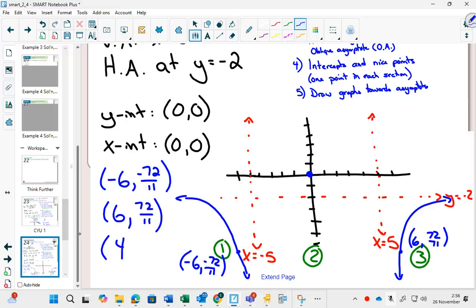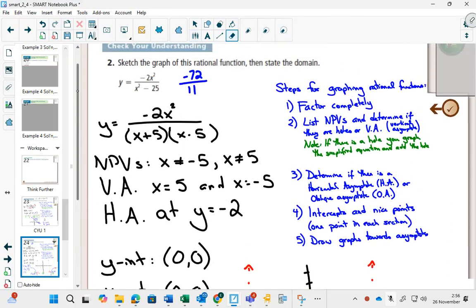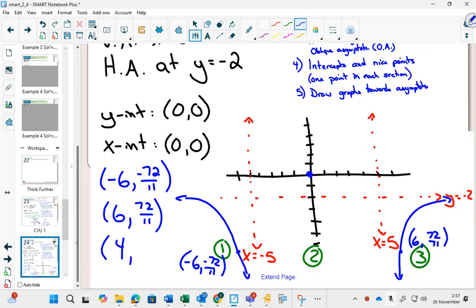I might plug in 4. And if I plug in 4, back to the original, I'm going to get negative 32 on the top, 16 minus 9, negative 9 on the bottom. Negative over a negative is positive, so positive 32 over 9, which is going to be 3 point something, 3.5 repeated. 4 comma 3.5 repeated, if I label that.